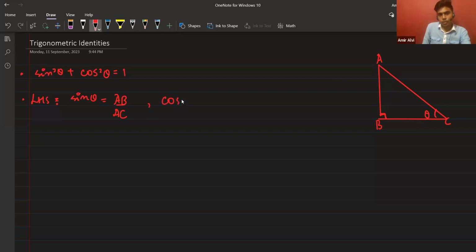What will be the value of cos theta? Base by hypotenuse, BC by AC. So now we need to square the sine as well as the cos, and add them up.